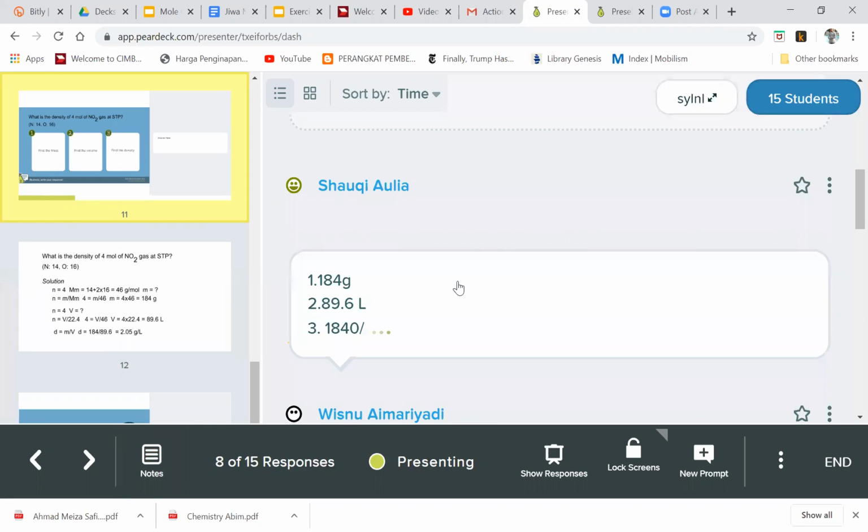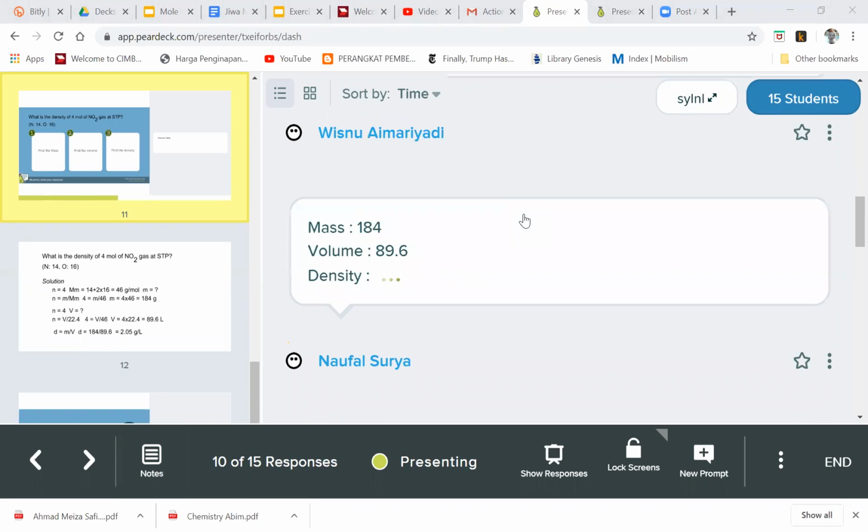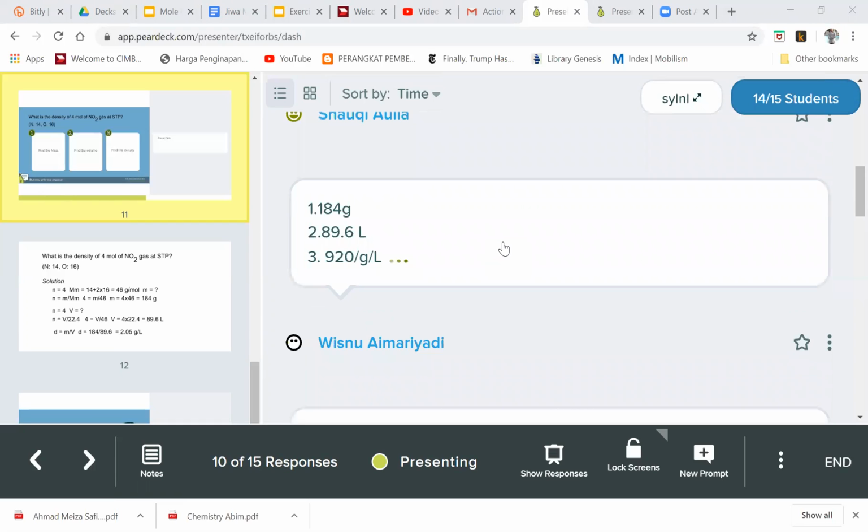Vishnu, your answer is, okay, for the mass, true. Volume is true. How about the density? You divided. Good. Thank you, Vishnu. It seemed to be okay. Naufal Surya is good. Your answer is true. The density, please, Naufal Surya. I'm waiting for your density answer.